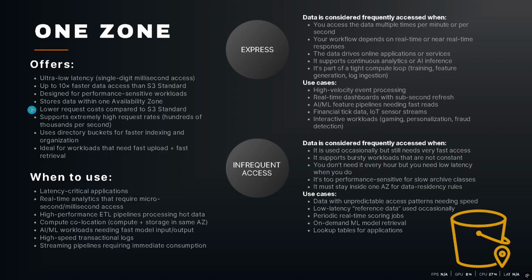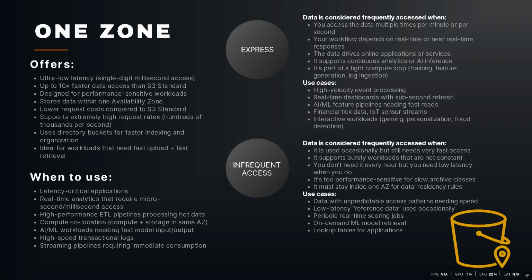It has lower request costs compared to S3 Standard and supports extremely high request rates, hundreds of thousands per second. It uses directory buckets for faster indexing and organization, ideal for workloads that need faster upload and retrieval.